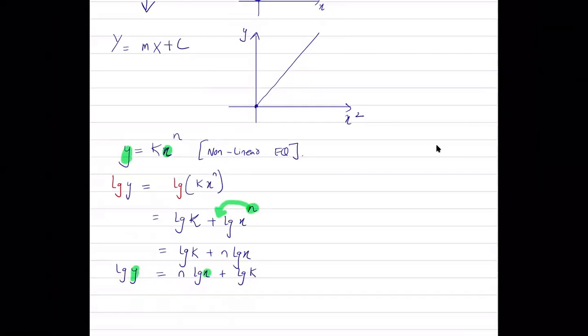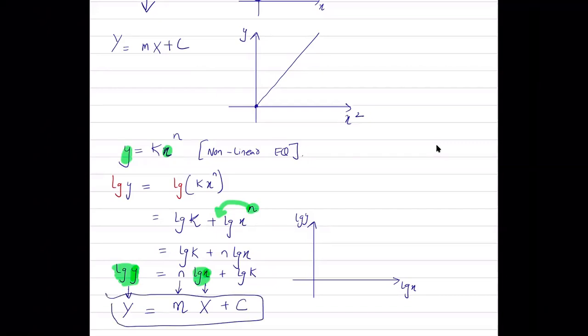Now this is the linear form. This tells me that if I plot lgy against lgx, on my axis, if I plot lgy values against lgx values, then the coordinates that I'm going to get will make a straight line, because this is going to be your capital Y, this is going to be your capital X. The value of n is the coefficient of lgx, which is going to be the gradient, and lgk is going to be the y-intercept.